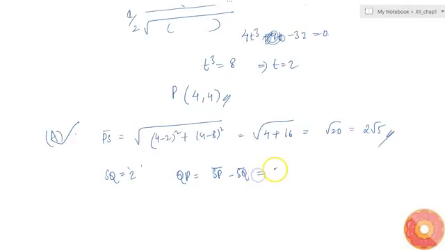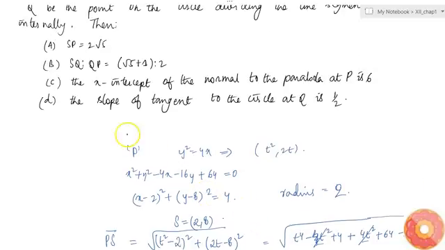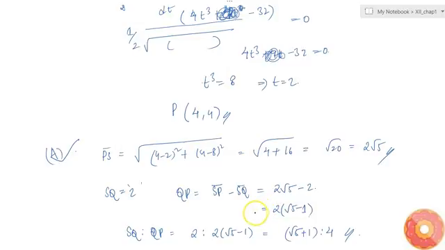So that is equal to 2 root 5 minus 2, that is 2 into root 5 minus 1. So SQ is to QP will become 2 is to 2 into root 5 minus 1, that is equal to root 5 plus 1 is to 4. So option B is wrong, because option B says it's root 5 plus 1 by 2, but here it's root 5 plus 1 by 4.